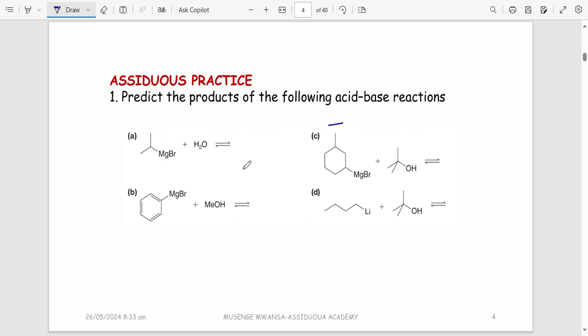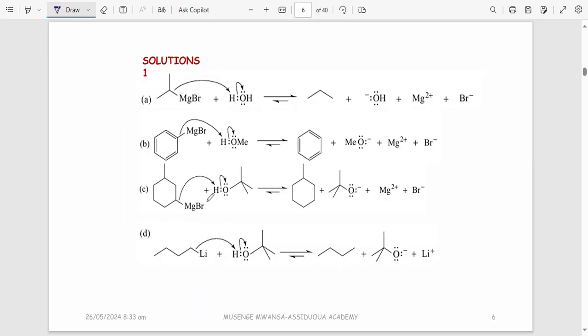That will be the same with this one. First, the bond here is going to break. So you have this. Here you are going to have a lone pair and a negative charge. So this one now will go and attack. You can see here you have got this compound like that. But remember, this is acting as a nucleophile.